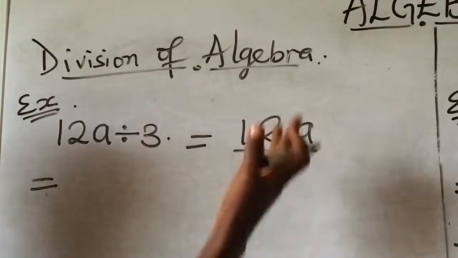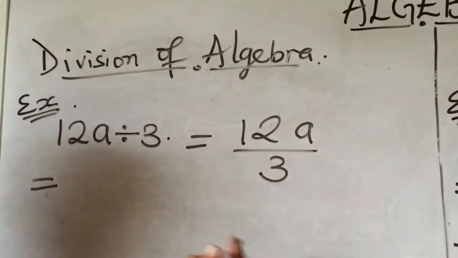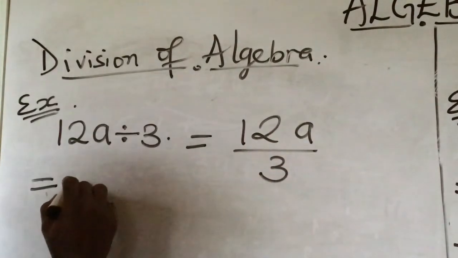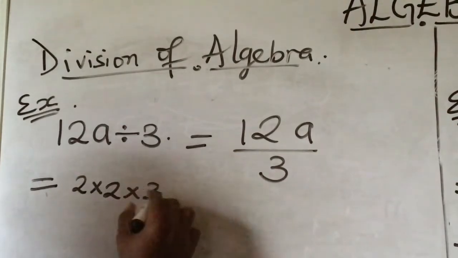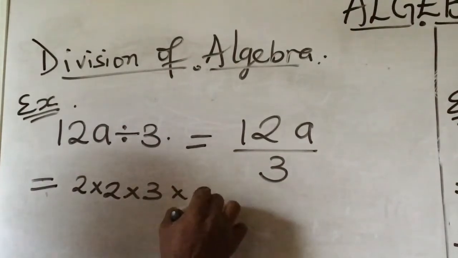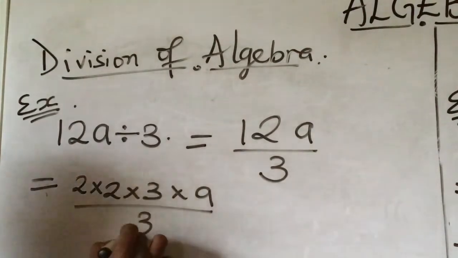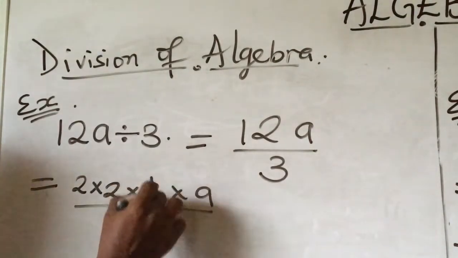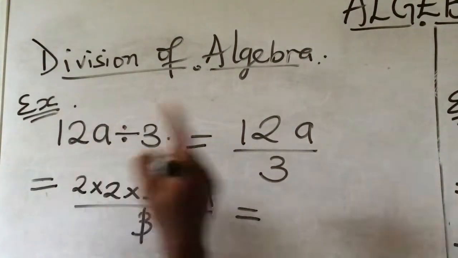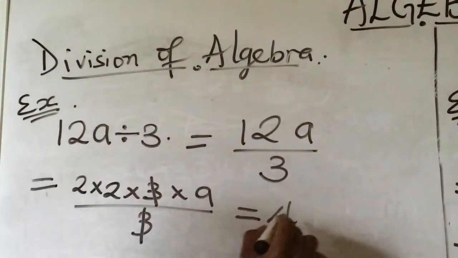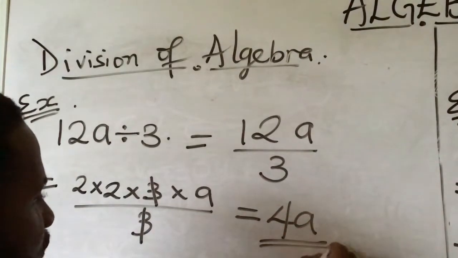Therefore, I'm going to have what? If I break 12 down, as in the factors of 12, I'm going to have 12 as 2 times 2 times 3, right? Then times a divided by 3. So 3 here 1, 3 here 1 also. So I'm left with 2 times 2, 4, and with a, that means my answer is 4a.